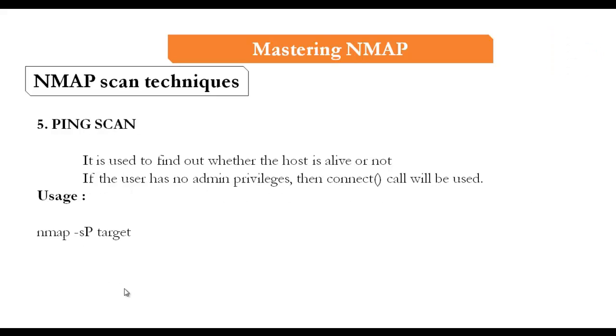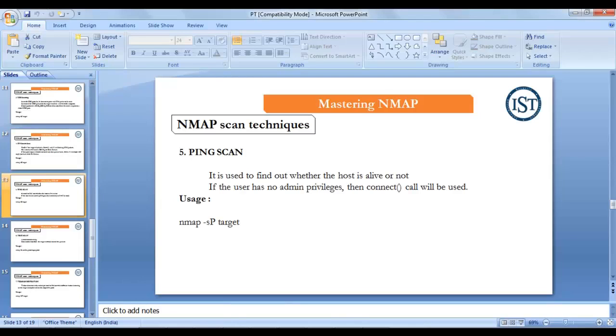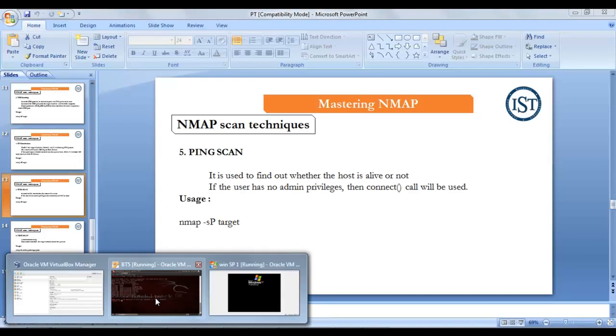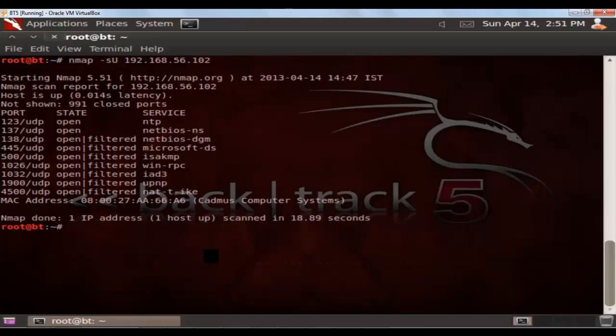The next scan technique is the ping scan. It is used to find out whether the host is alive or not, and it doesn't show you results like which ports are open or not open. We will not get that kind of information. It is just to check whether the host is alive. Let's quickly go back to our BackTrack instance and check that.